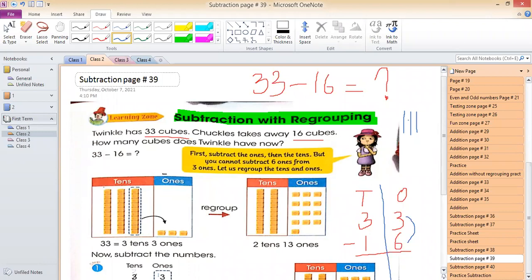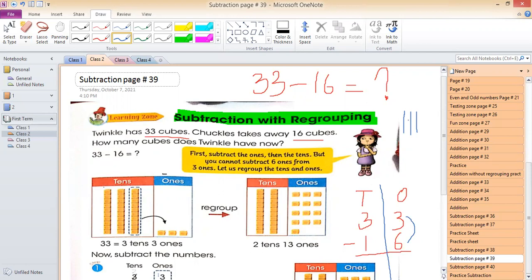I will give you a practical example. If you have 3 chocolates, and your mother asks you to give 6 chocolates to your friend, you cannot give 6 chocolates. You will say, mother, I have only 3 chocolates. How can I give 6 chocolates? Okay.